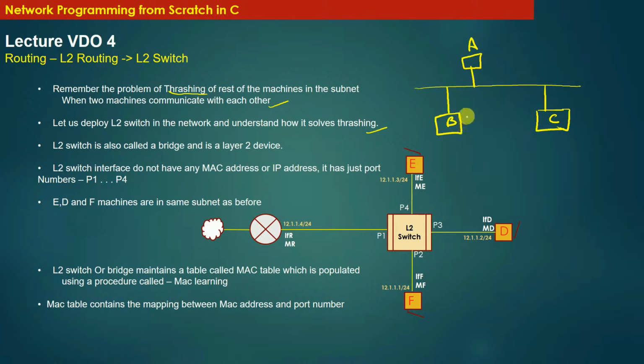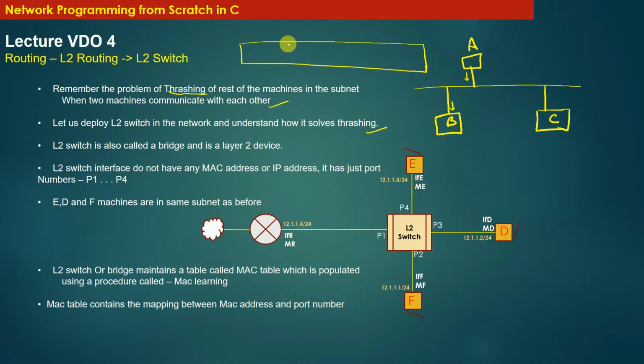When machine A wants to communicate with machine B, it will prepare an Ethernet header as well as an IP header. Machine A will prepare a packet which contains the Ethernet header and IP header as well as the data payload. So that packet will look something like this.